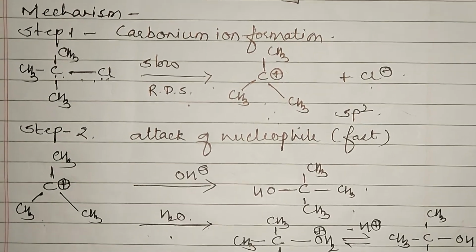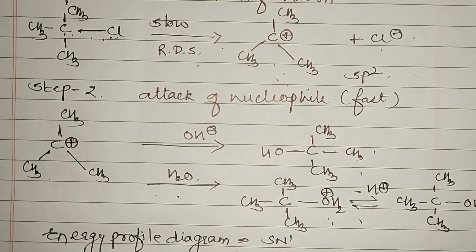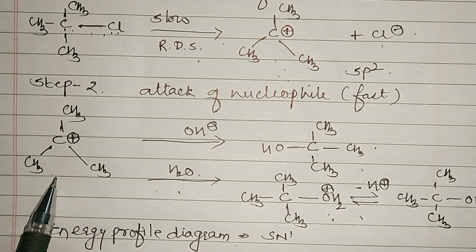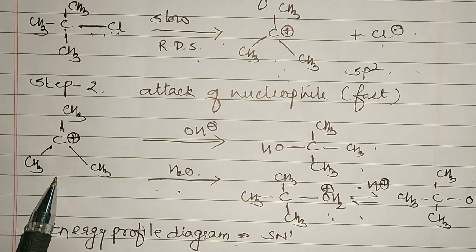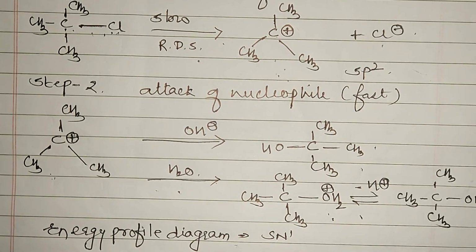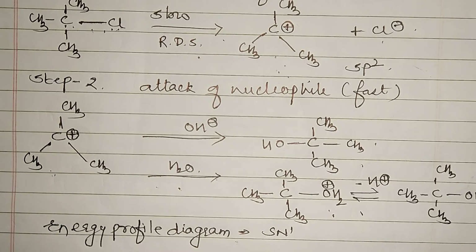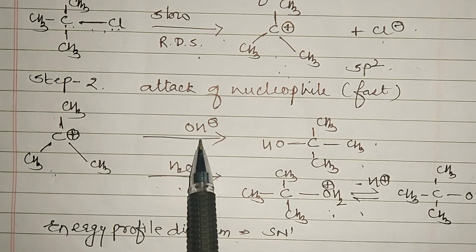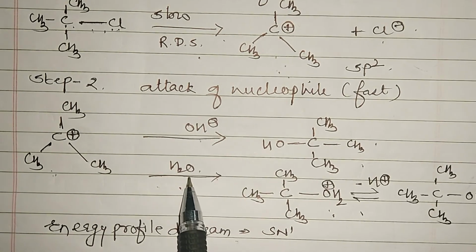The second step is attack of the nucleophile. This step is a fast step. Here we have the carbocation which is formed in the first step. This is planar, so attack from both sides is possible. The attacking species may be OH negative or it may be H2O.